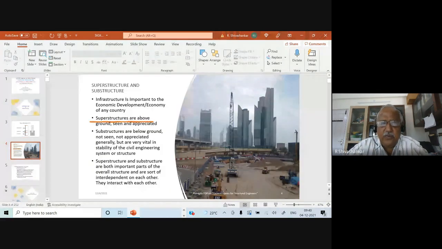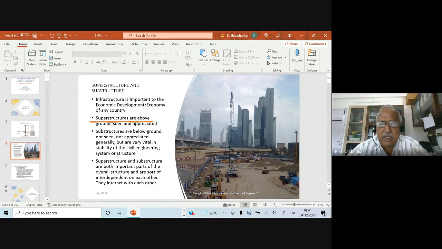I just took out this photograph during one of my visits abroad. You'll see that there are a lot of structures above the ground. So infrastructure is important for economic development, and that's also what we are emphasizing in our country. As I said, they are above the ground, seen and appreciated, but there is something below the ground also, substructure.